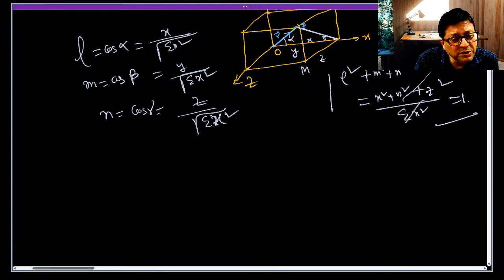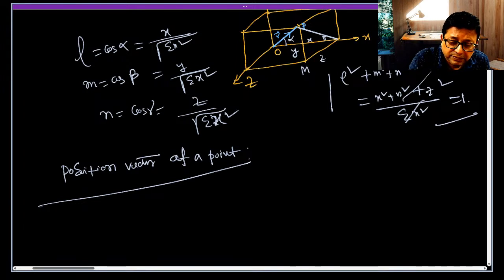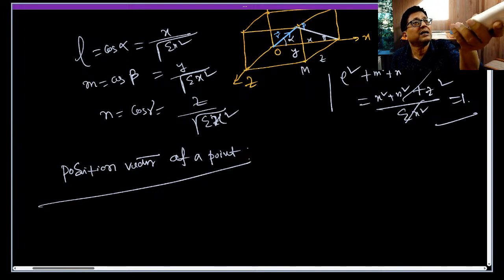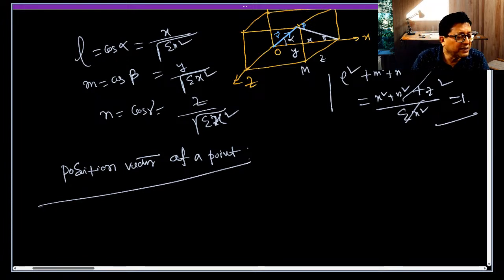Let us now learn the position vector of a point. How can you write the position vector of a point?